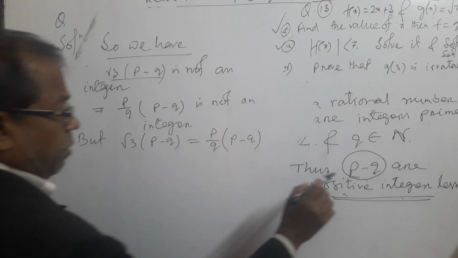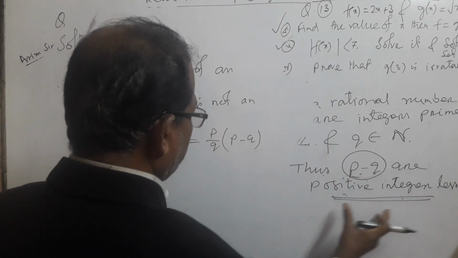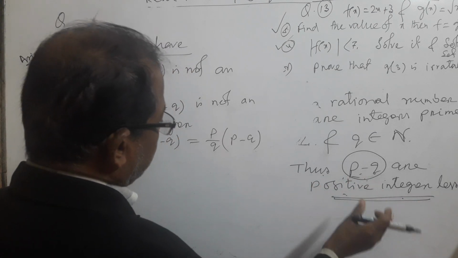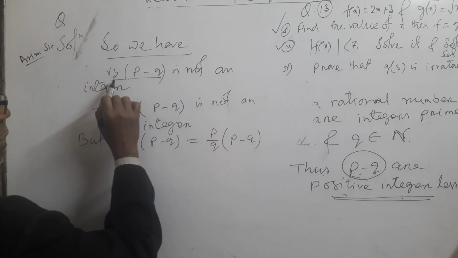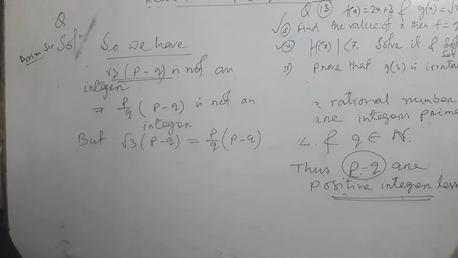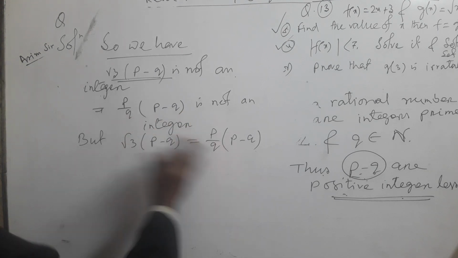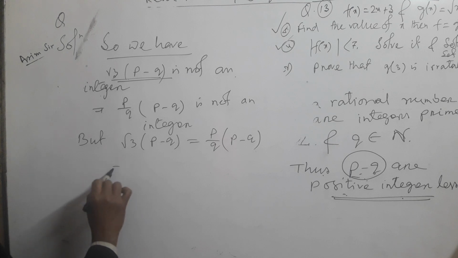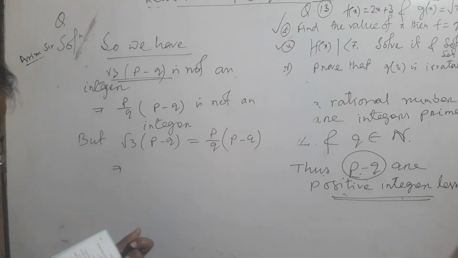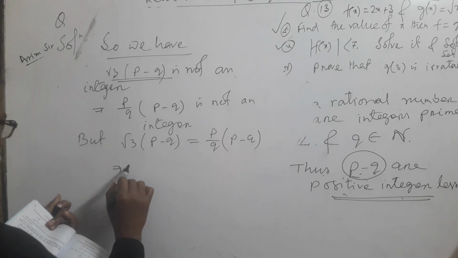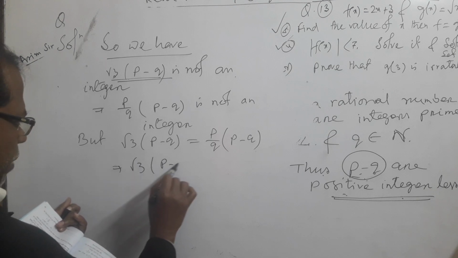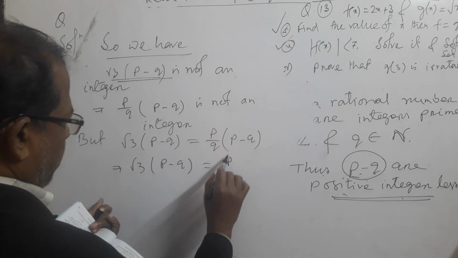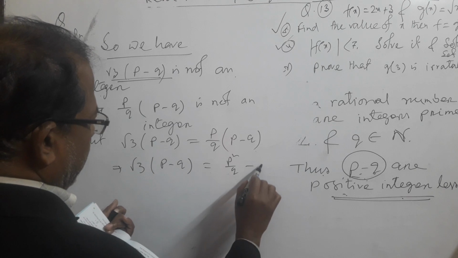So if p minus q is less than q, and they are positive integers, then obviously this is not an integer, it cannot be a whole number. In that case we can say this equals this. So that implies root 3 into p minus q equals p square by q minus p.